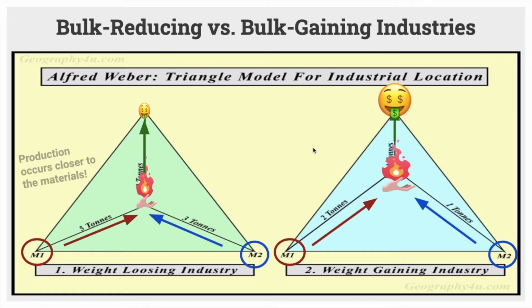So that's bulk reducing versus bulk gaining. For bulk reducing industries, we want the production closer to the raw materials. With bulk gaining industries, we want production closer to the market.